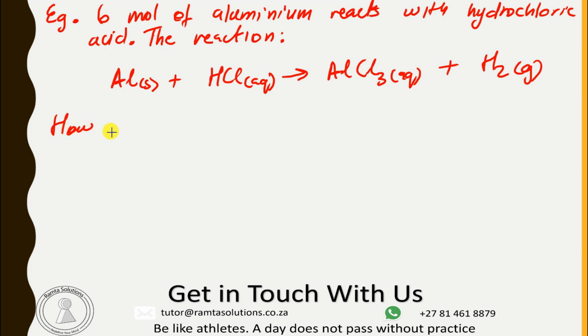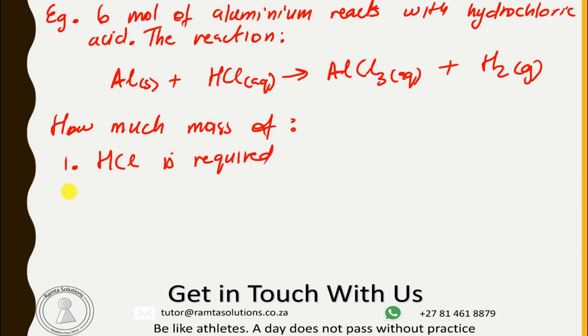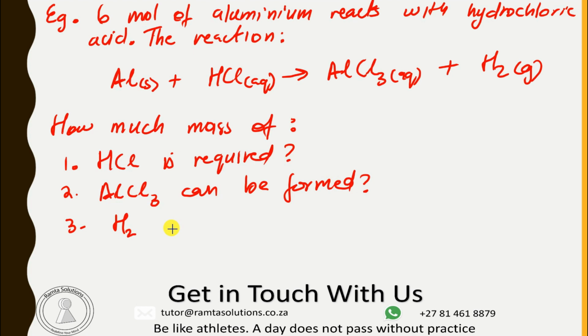Now the question is, calculate the mass: number 1, of hydrochloric acid that is required; number 2, of aluminum chloride that can be formed; number 3, of hydrogen gas that can be formed as well.